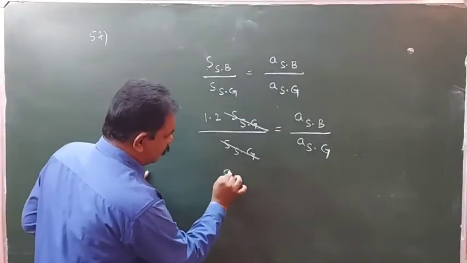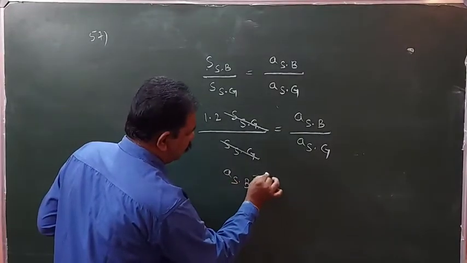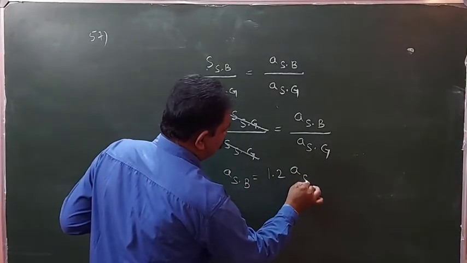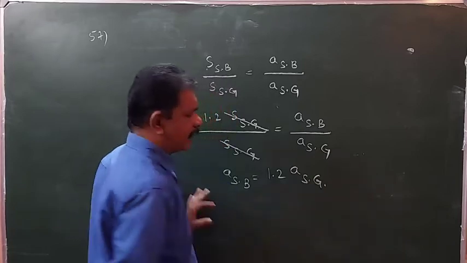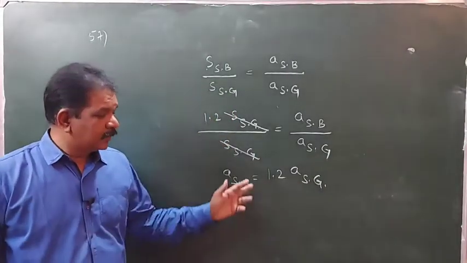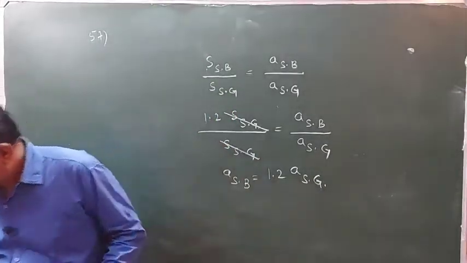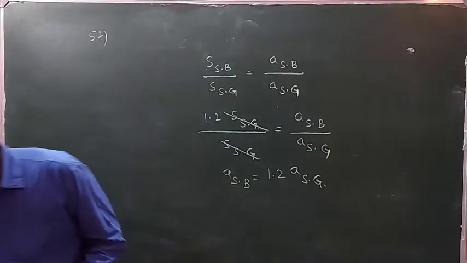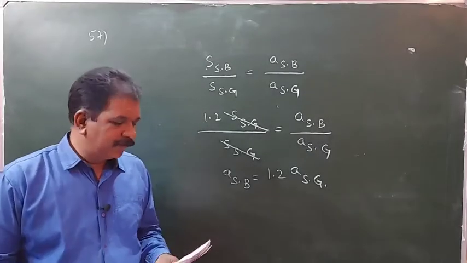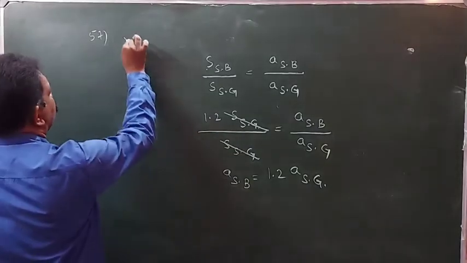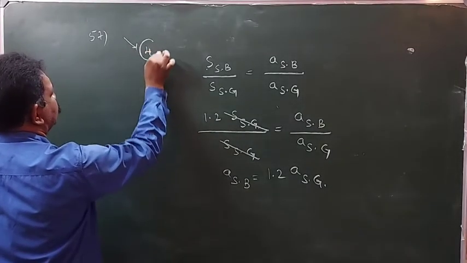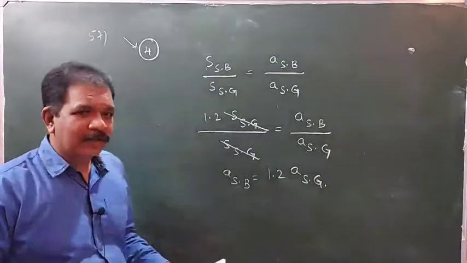So the acceleration of Silver Bullet will be 1.2 times the acceleration of Shotgun. Okay. So 57, it will be the fourth option. Clear?